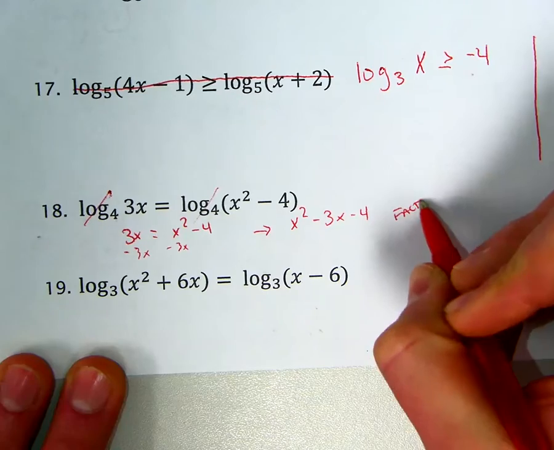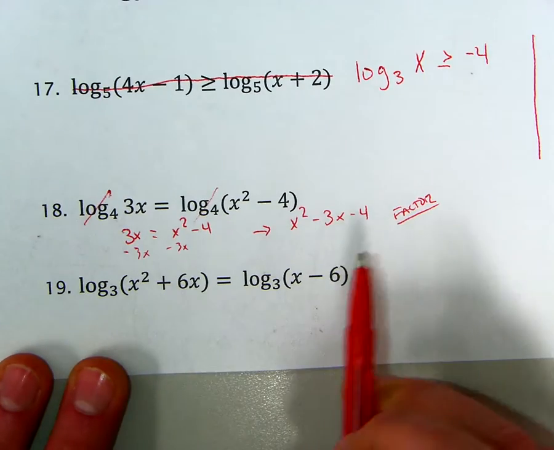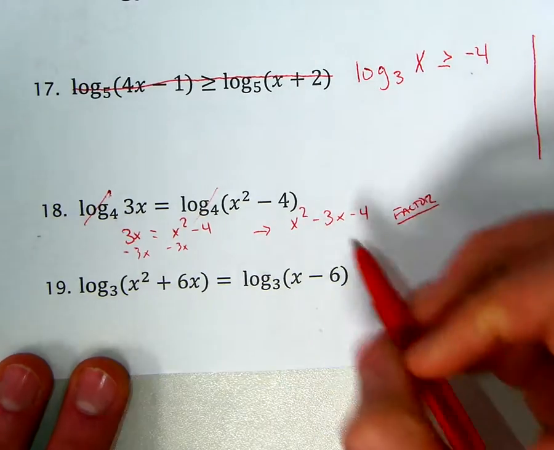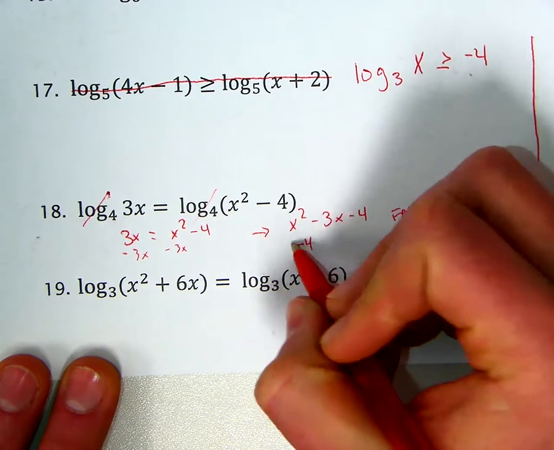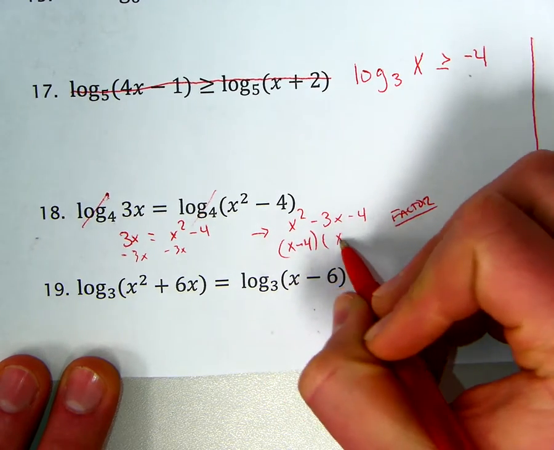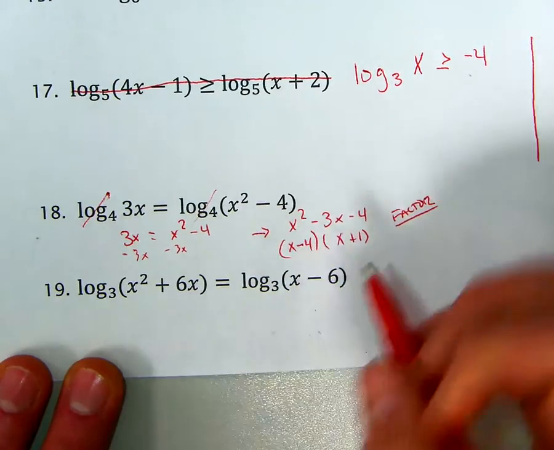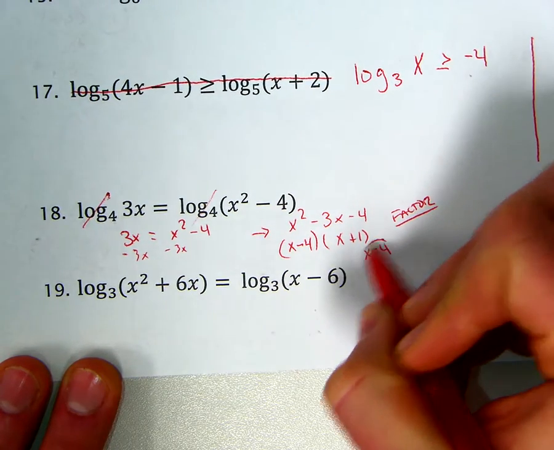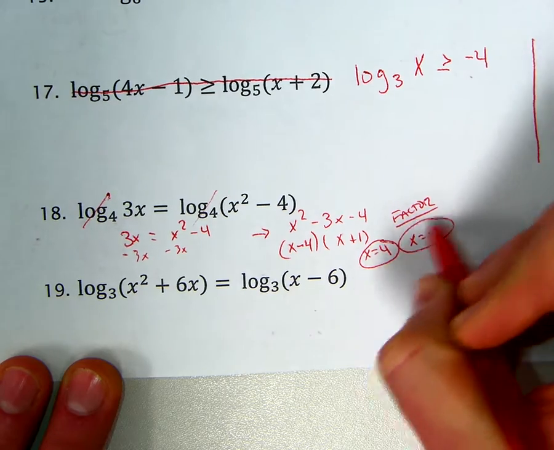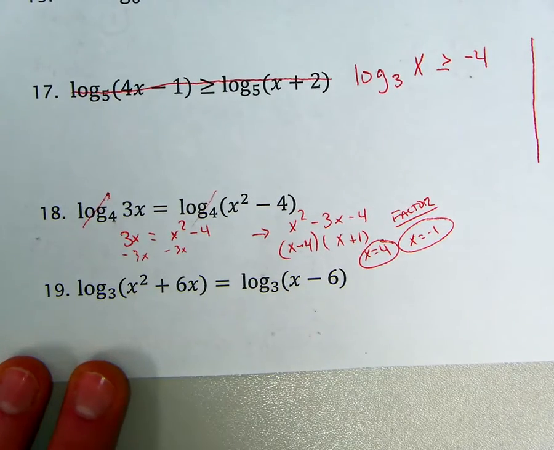This is where we factor. And you have to find the two numbers that multiply to negative 4 and add to negative 3. X minus 4 and x plus 1. And then those are the factors, but our final answers then, x equals 4, x equals negative 1. You just have to flip the sign in front of them.